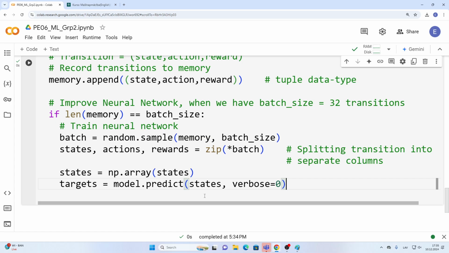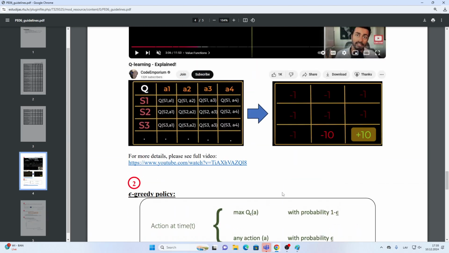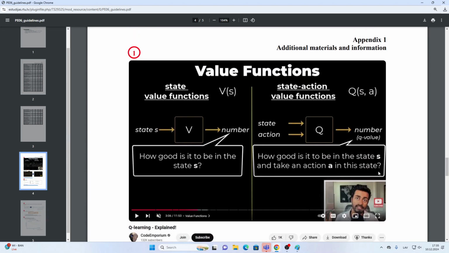Now let me explain a little more about exactly what these Q values are and how we are working further. For this, I'm going to refer to this slide from the video fragment. In the lecture, we discussed there are two ways to calculate value functions.